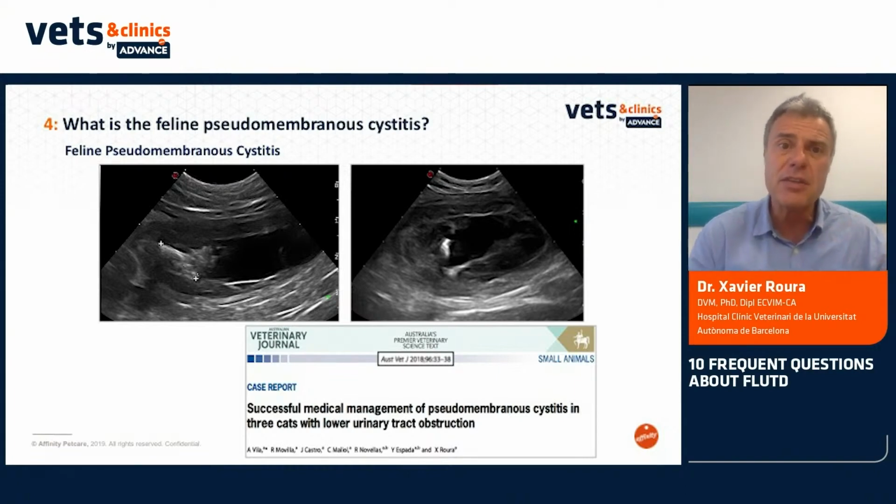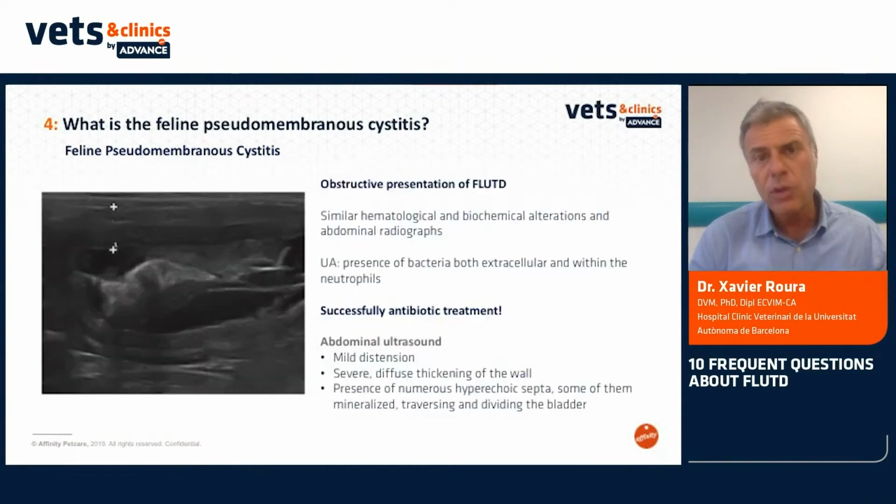The clinical signs, the obstruction, or the clinical signs of hematuria, dysuria, pollakiuria, stranguria could be associated with this other disease. When we talk about the potential explanation of this new disease, we talk about cats that in general have a classical feline lower urinary tract disease presentation, but always in general obstructed.